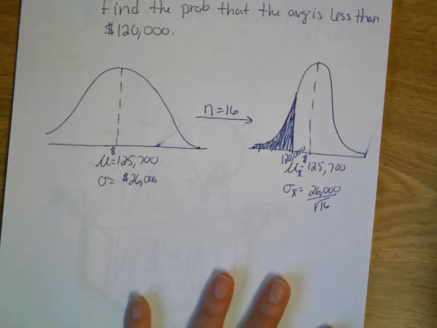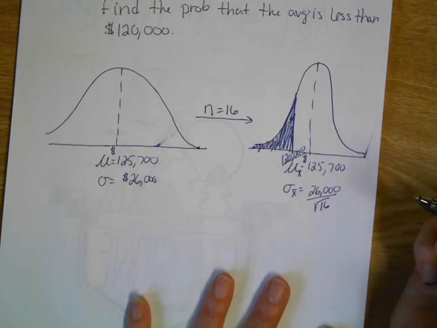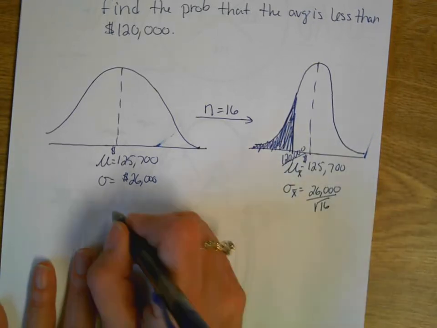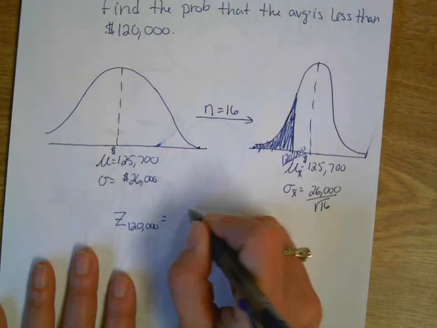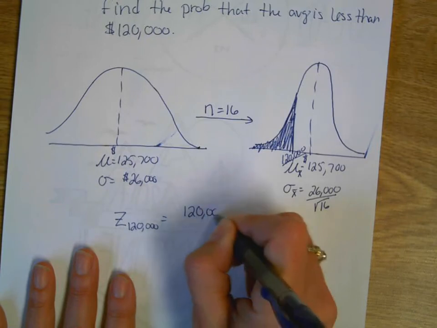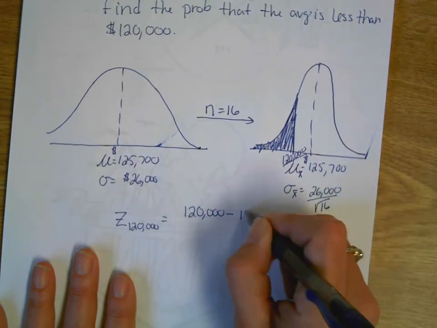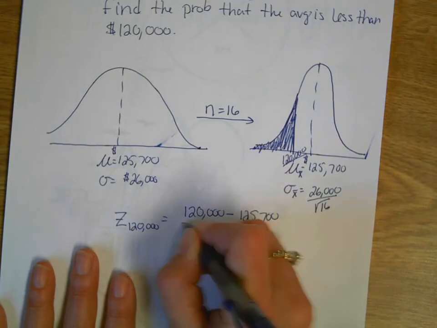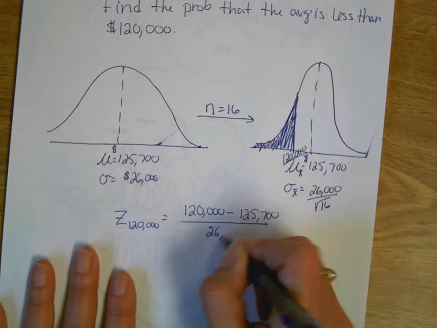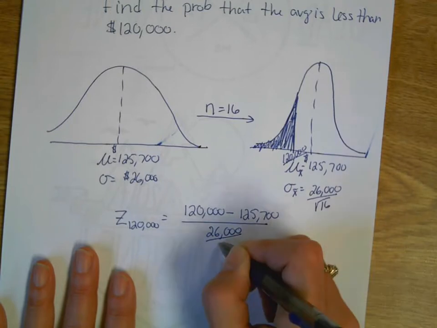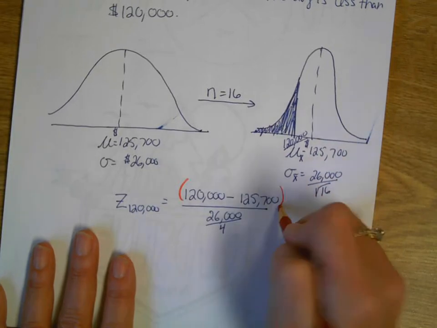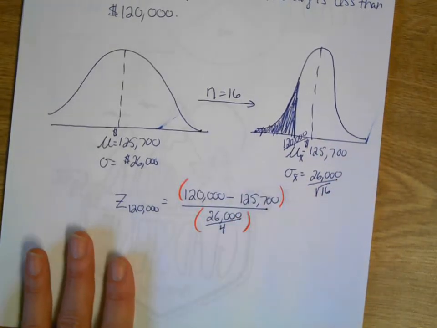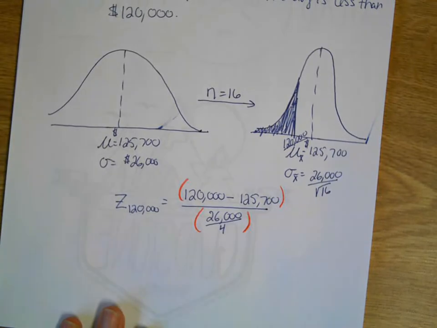So this time, all I need to do is look at the value that's on the table, because that is the value behind, but I need the z-score for that spot first. So the z-score for 120,000, I'll just put a 4 down there since that one's easy enough to do. But again, make sure you have parentheses around your numerator and denominator. Z-score out to 2 places.